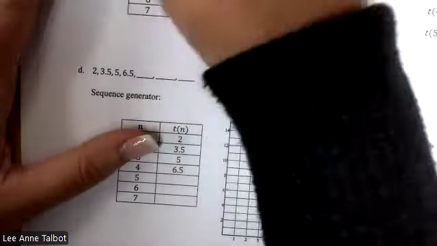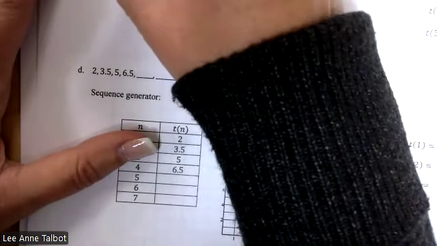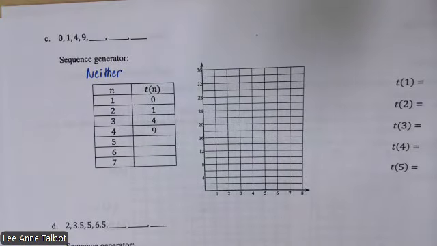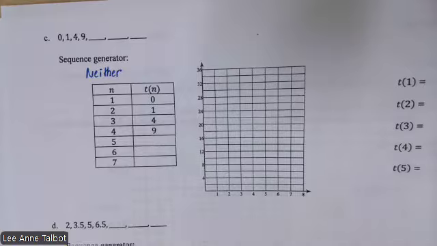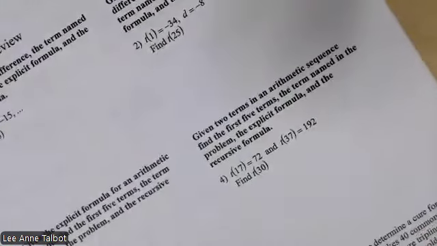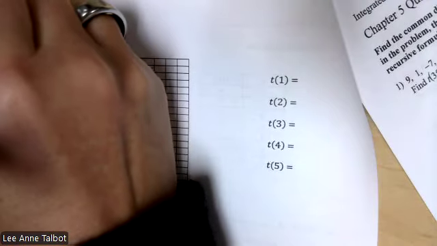C is definitely neither. One more. I. Okay. Now mark C, E, and I as neither. C, E, and I.